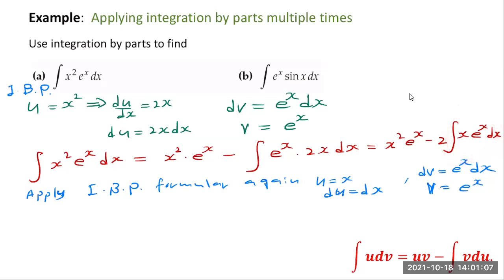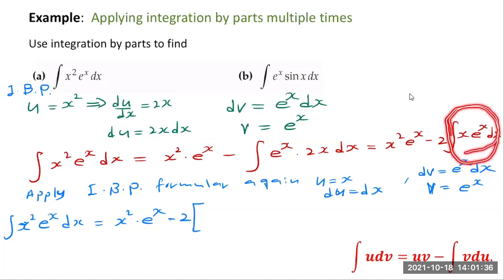Okay, so let me write my original integral as it is. This is my original integral. x squared e to the power x dx is equal to x squared times e to the power x, that is this term, minus 2 times bracket, I'm going to apply the formula for this one.